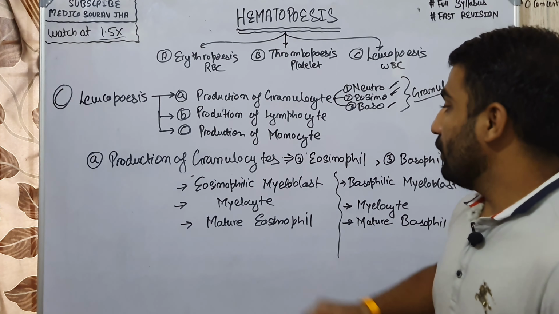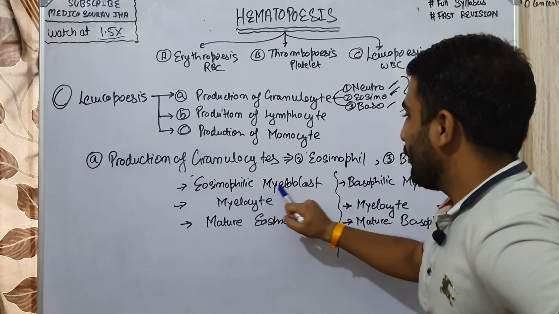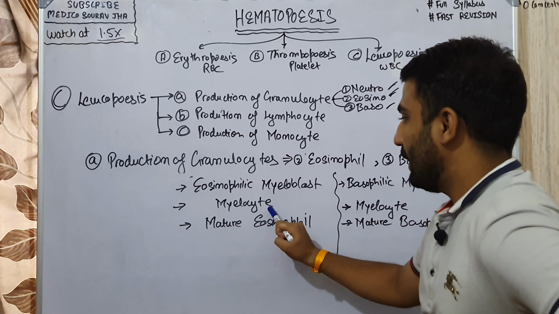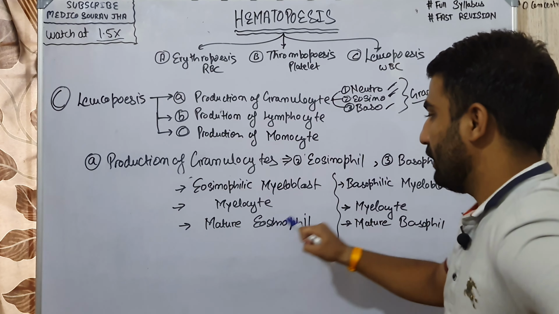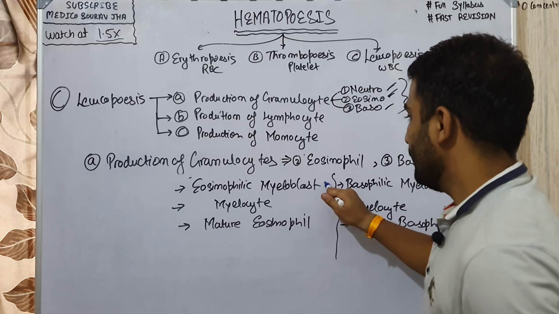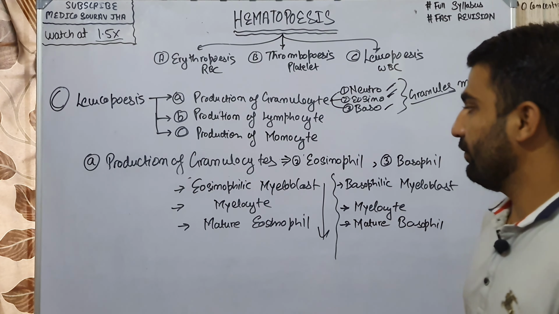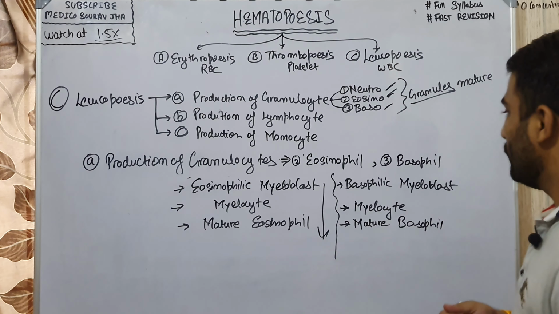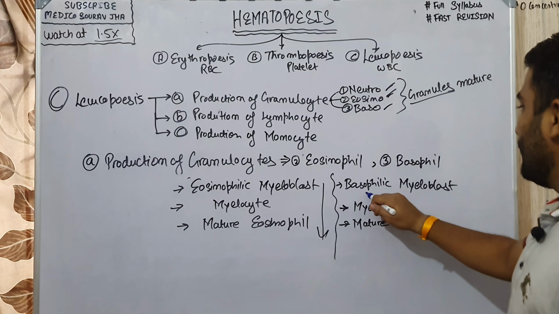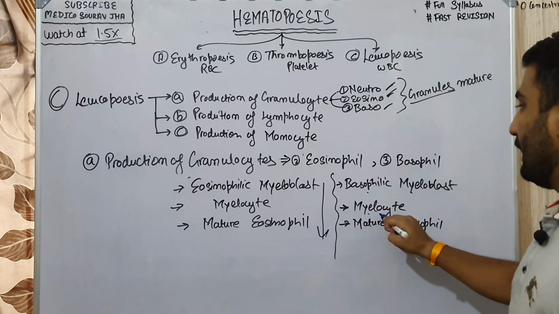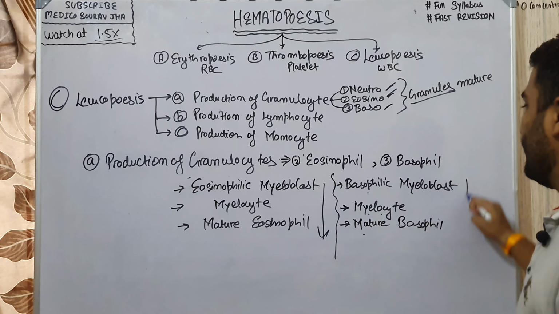The eosinophilic myeloblast, myelocyte and mature eosinophil is the trajectory it passes through. The next one is basophilic myeloblast, myelocyte and mature basophil.